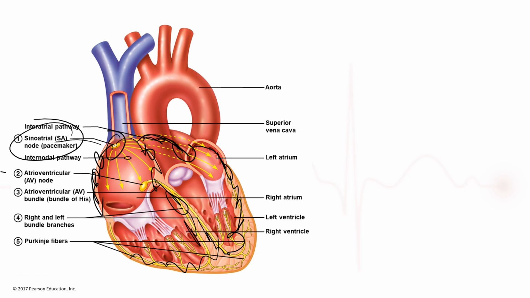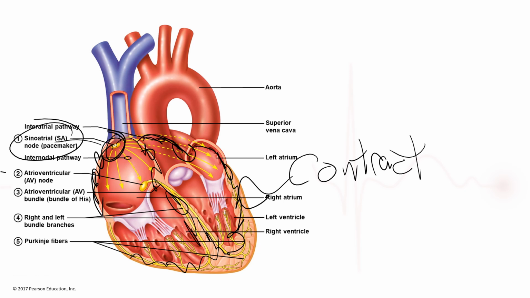So through a domino effect, this action potential that starts in the SA node fibers will rip throughout all of the contractile cardiac fibers of the entire heart. And it will actually cause the entire heart to contract. We call that a heartbeat. That's how your heart works.